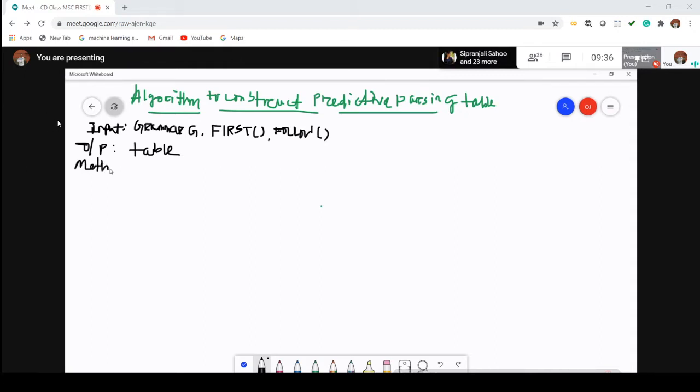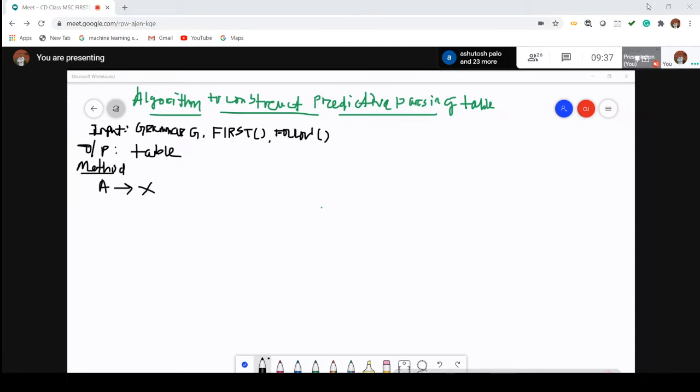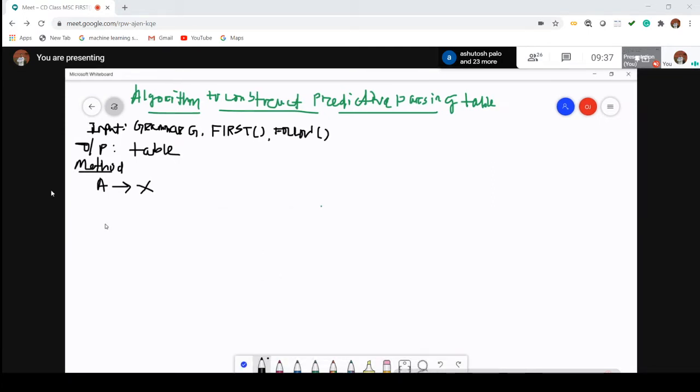Then we will go for the method or steps. These are important, and you have to follow those methods. If there exists a production of the form A to X, that means from a non-terminal symbol A, the right hand side is a grammar symbol, either a terminal symbol or a non-terminal symbol.